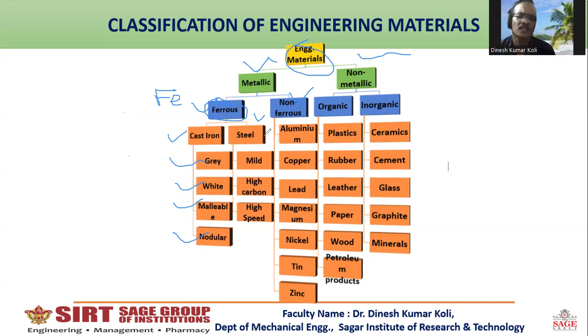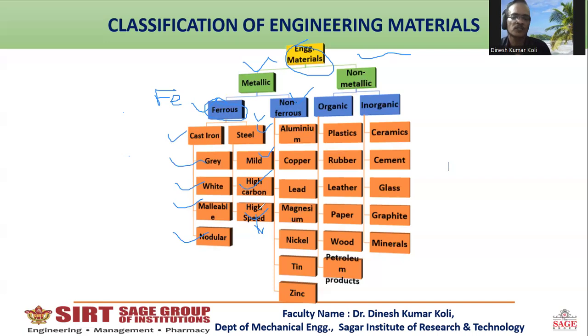Now in steel, which is most commonly used, there are mainly three types: mild carbon steel, also called low carbon steel, then high carbon steel, which has a high amount of carbon, and high speed steel. Particularly, high speed steel is used for making cutting tools. So in ferrous materials, there are two divisions: cast iron and steel.